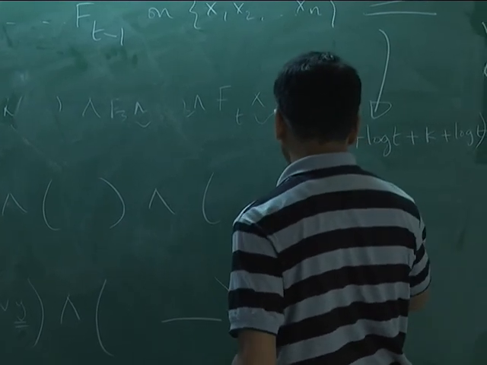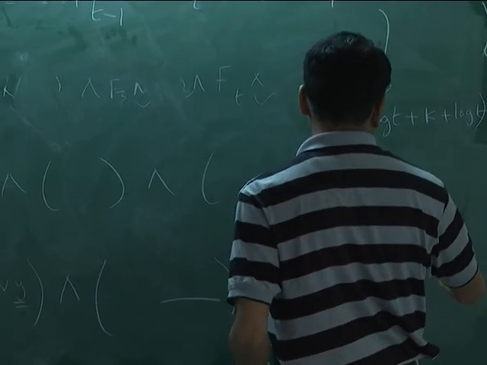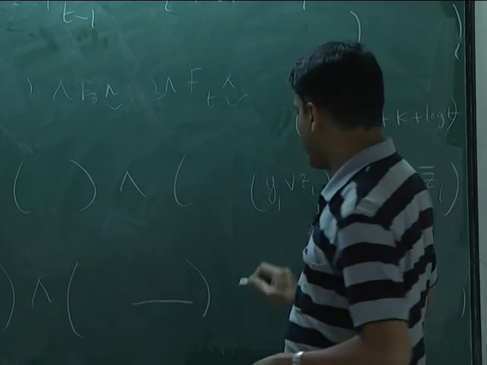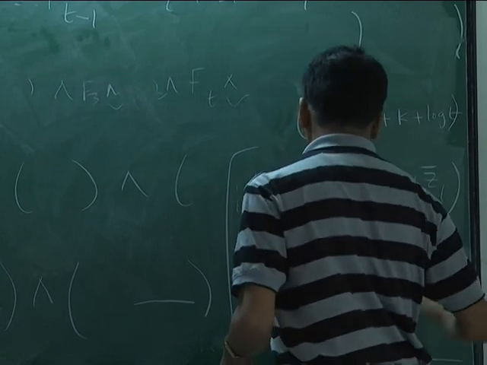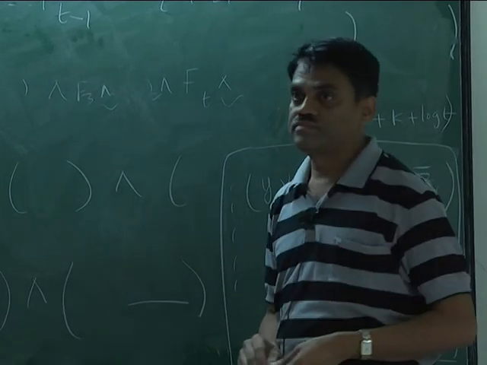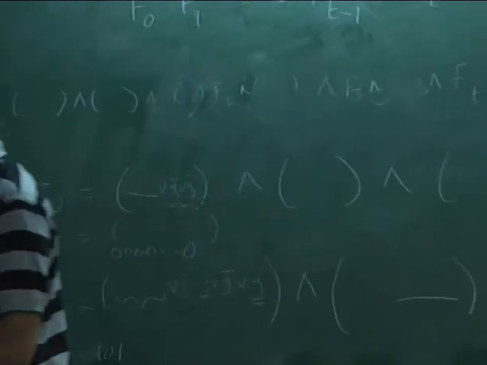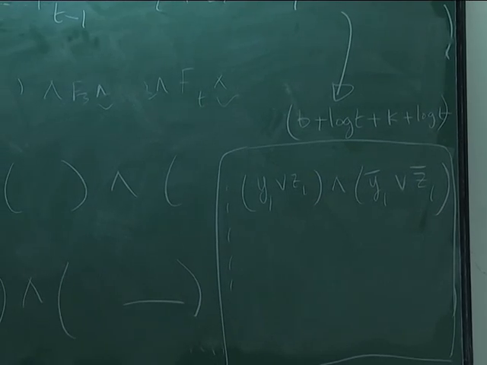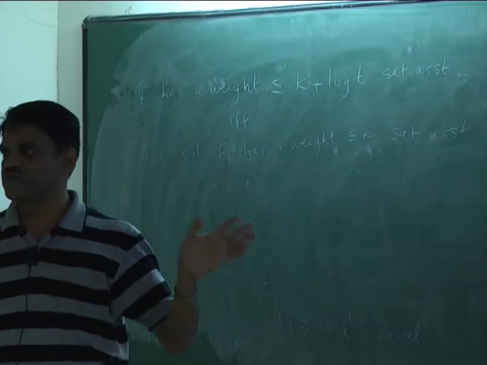I will write down the following clauses: y1 or z1 must be true, and not y1 or not z1 must be true, and I do this for every yi. Essentially the zi's are the complements of the yi's. So between the yi's and zi's I have to spend a weight of log t. Now the whole argument goes through.